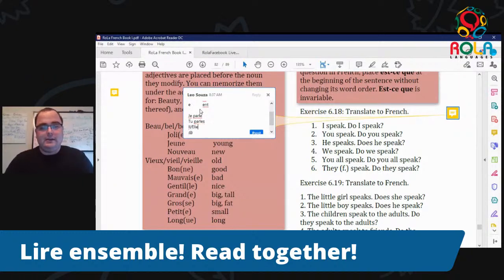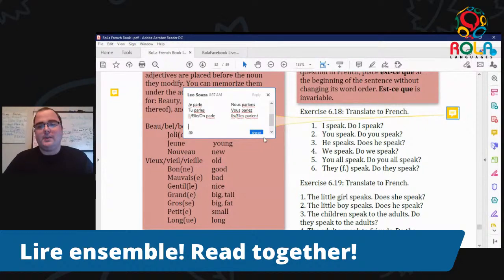Il, elle, on parle. Très bien. Nous parlons. Très bien. ONS. Vous parlez. Très bien. EZ. Il, elle parle. Très bien. So that's the conjugation of these verbs.